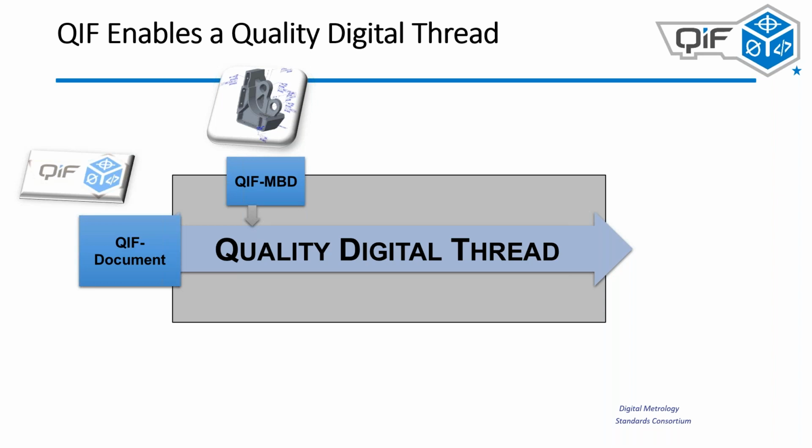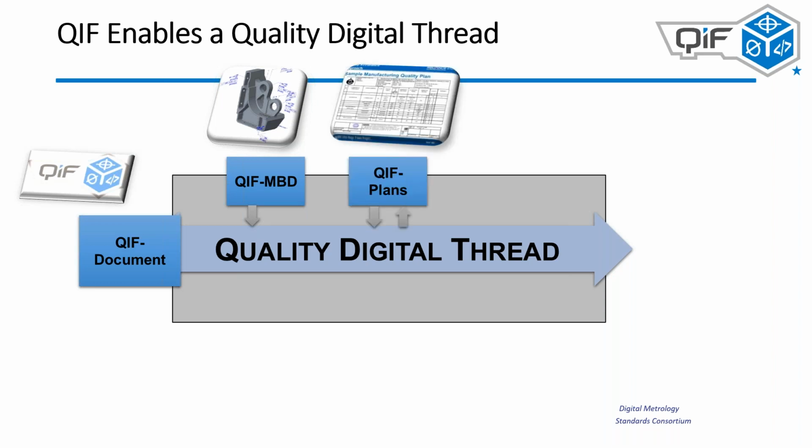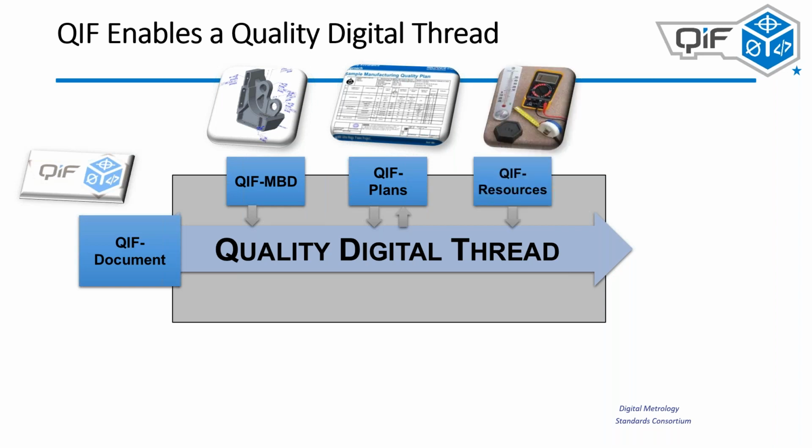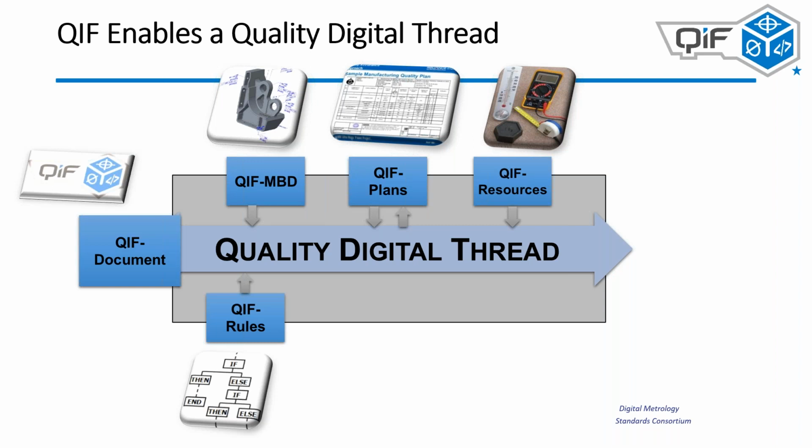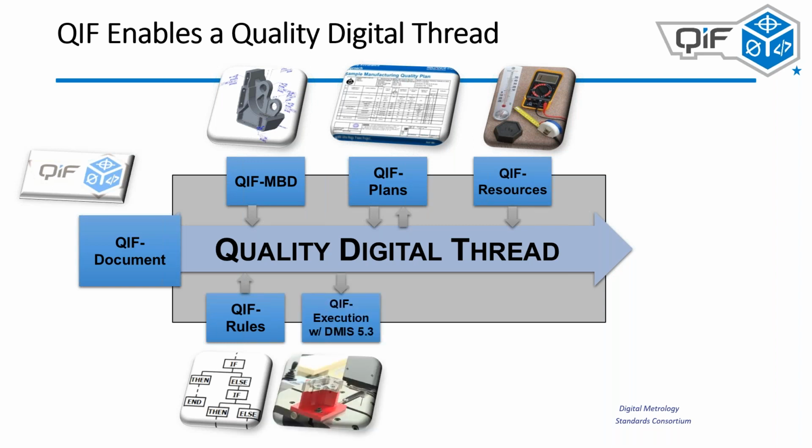So if you open up the QIF, you'll see that there is one top-level QIF document. And then as you add additional QIF content, you add that to the QIF digital thread. So you may have QIF MBD, you may have QIF plans that you add and extend, resources you could pull into your QIF document. You could have some rules that you could pull into your QIF document.